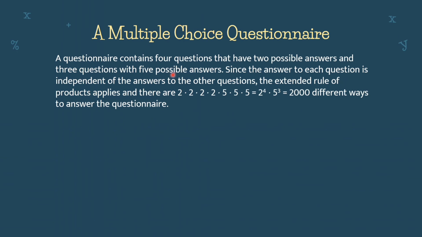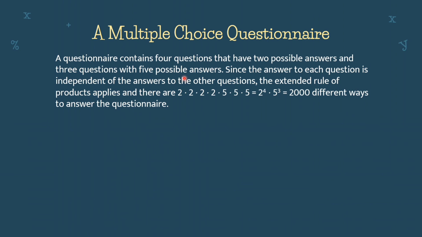What if we have a multiple choice questionnaire? So, paano? A questionnaire contains 4 questions that have 2 possible answers and 3 questions that have 5 possible answers. Since the answer to each question is independent of the answers to the other questions, the extended rule of products applies.